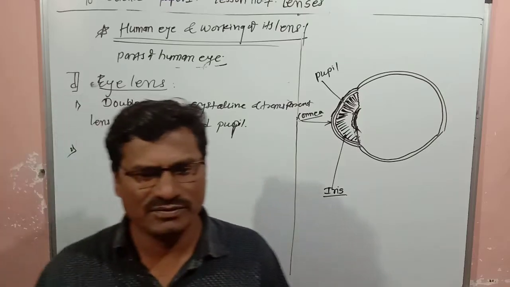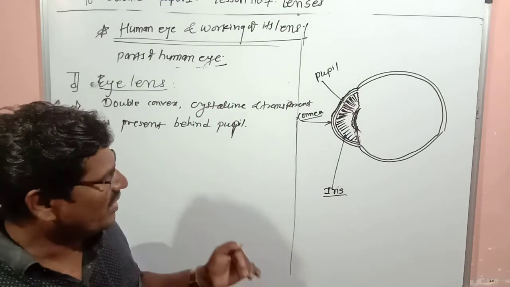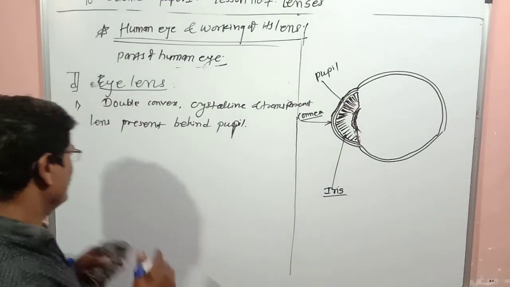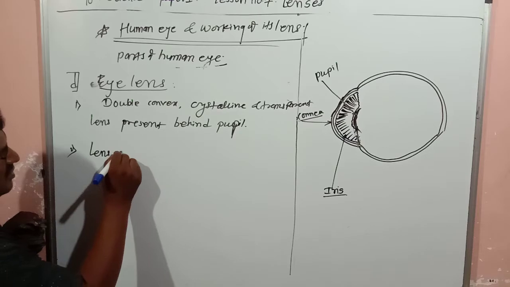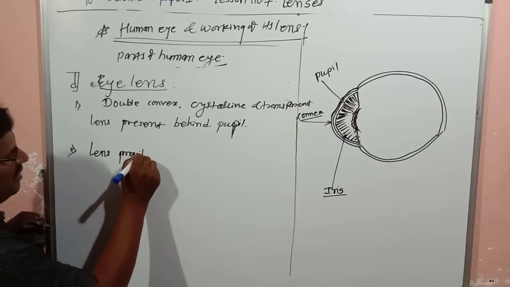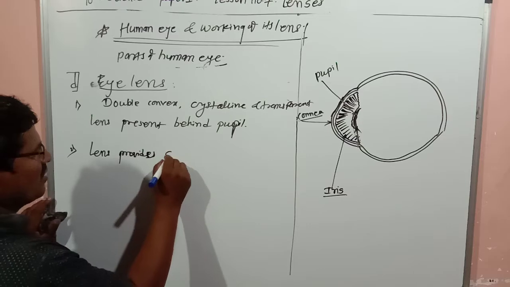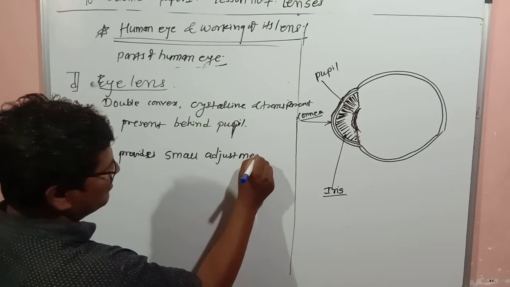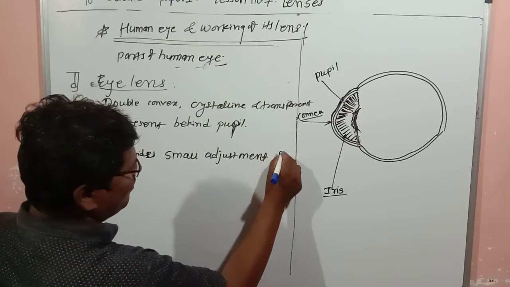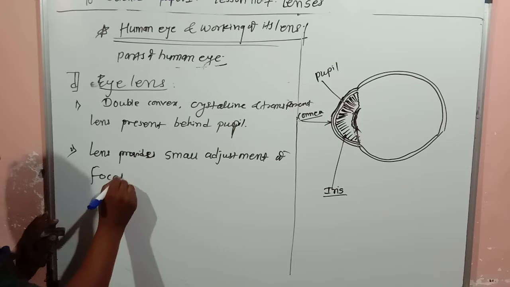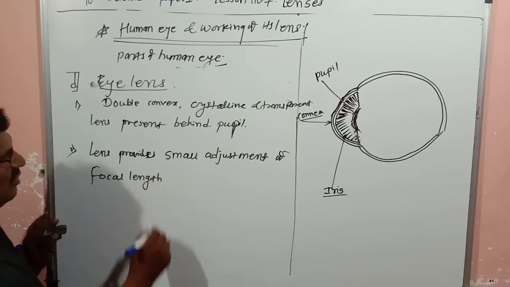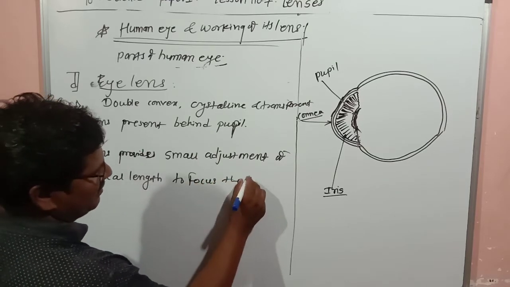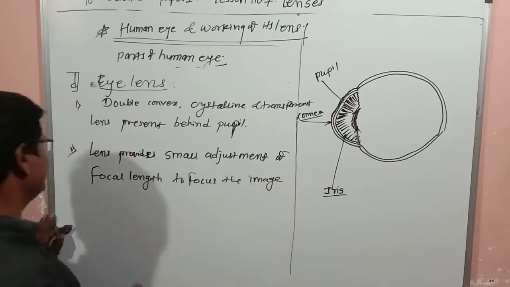Second point: lens provides small adjustment of focal length to focus the image.